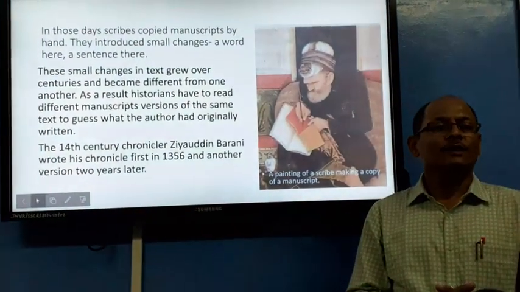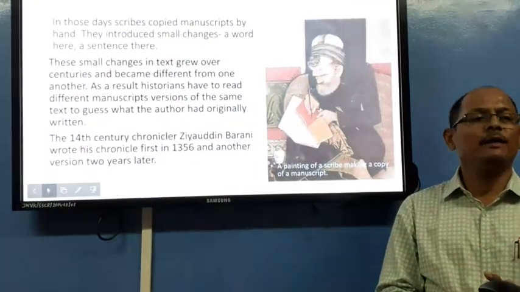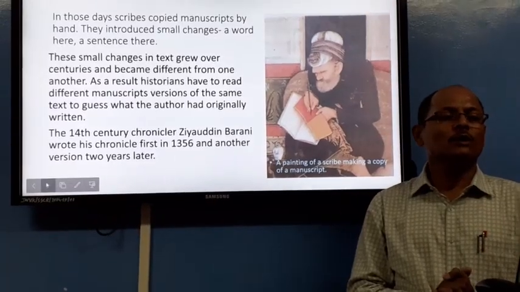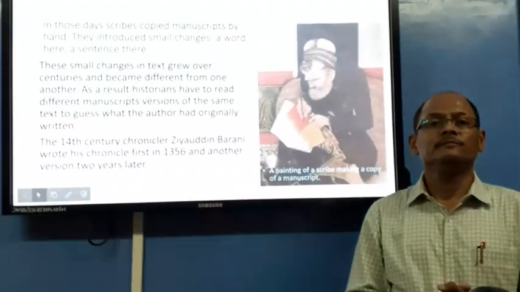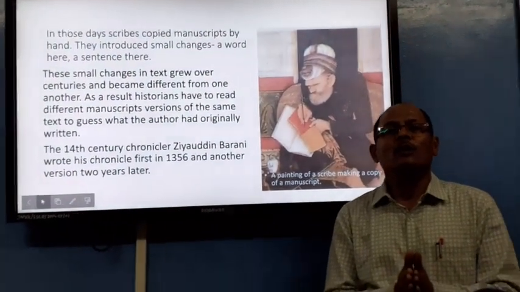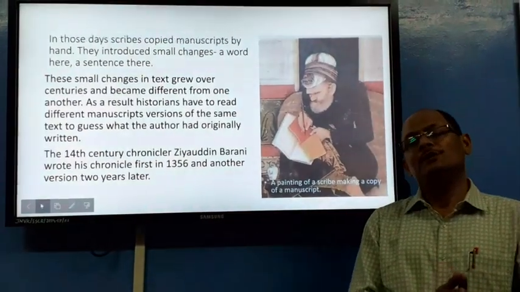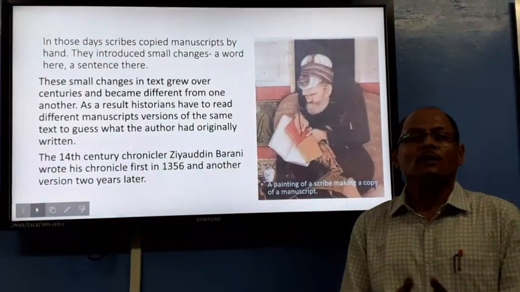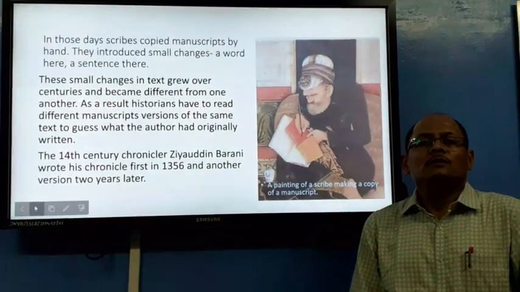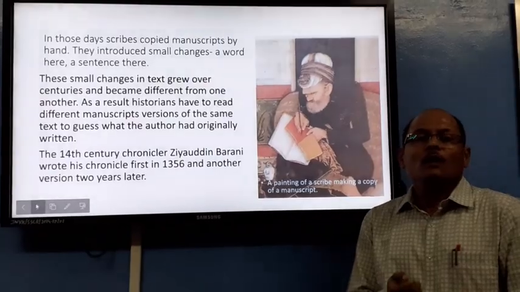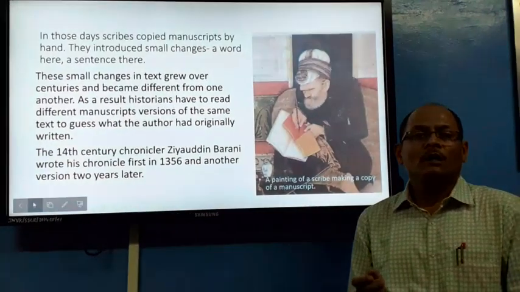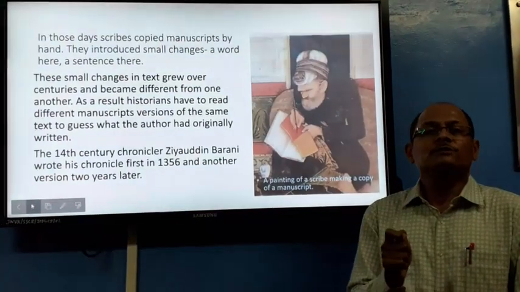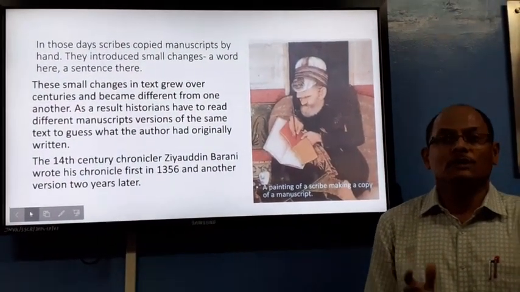As a result, historians have to read different manuscript versions of the same text to guess what the author had originally written. We can take an example of a student who is absent or unable to attend the class. What he does is copy the homework of his friend. If he is unable to understand a word or a sentence, he will simply write his own guesswork.